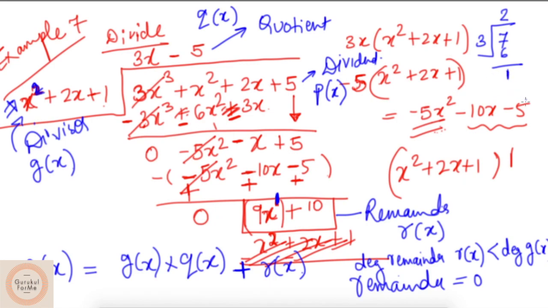But if you were to divide 6 by 2, then you had 6 and the remainder was 0. This is what I am talking about. The remainder can be equal to 0, or the degree of the remainder, which is this degree 1, is always less than the degree of the divisor. This is nothing but the division algorithm.